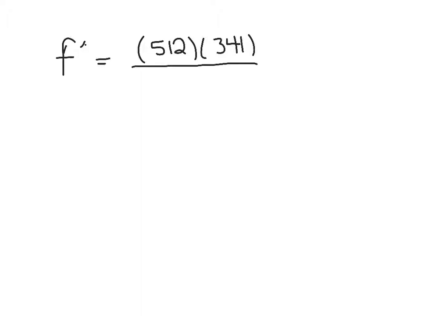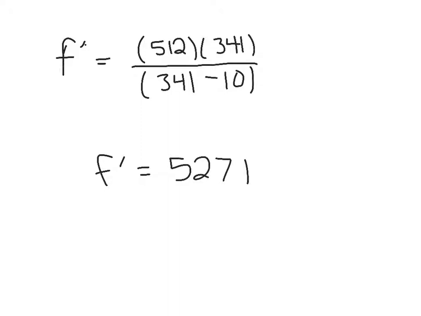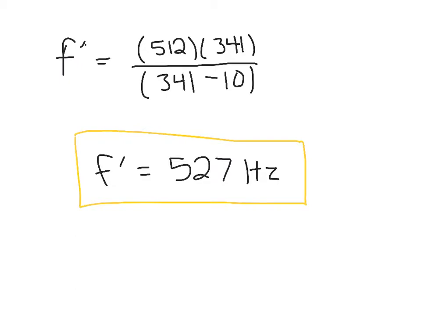And since it's approaching, it's a difference: 341 minus the speed of the object. On the denominator, it's 341 minus 10. If you do that math, moving 10 meters per second makes that tuning fork sound like it's 527 hertz. That's a number that's a little bit larger, a little bit higher pitch than 512, as expected. Since it's moving towards the observer, we should hear a higher pitch.